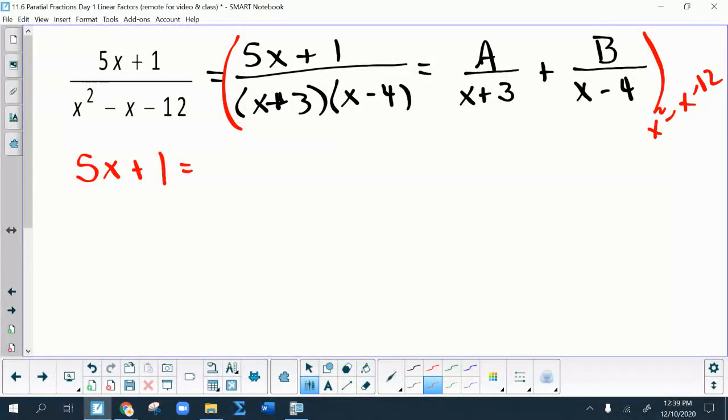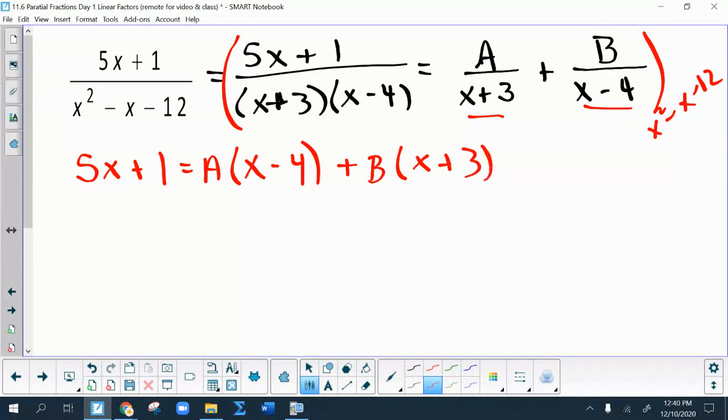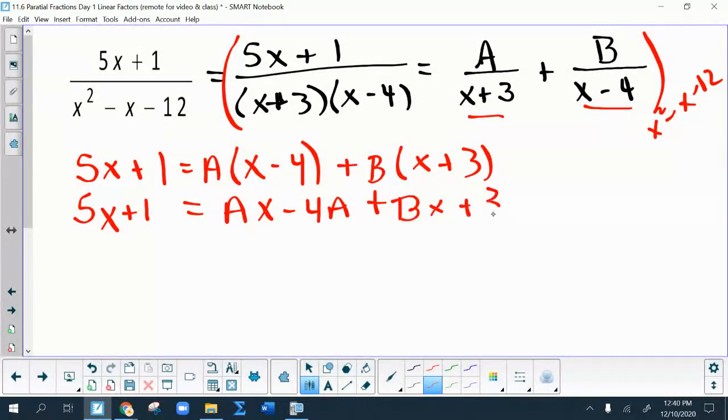And the x plus 3 gets canceled, and my a is going to get multiplied by x minus 4. And in the second fraction, the x minus 4 goes away, and the b then gets multiplied by x plus 3. And then this simplifies into 5x plus 1 equals ax minus 4a plus bx plus 3b.